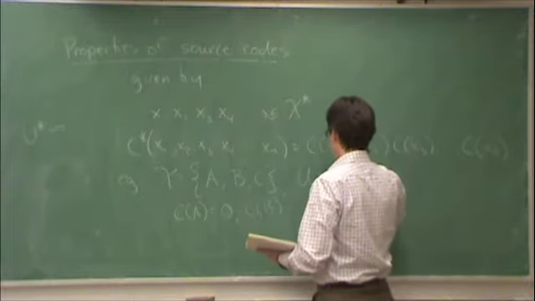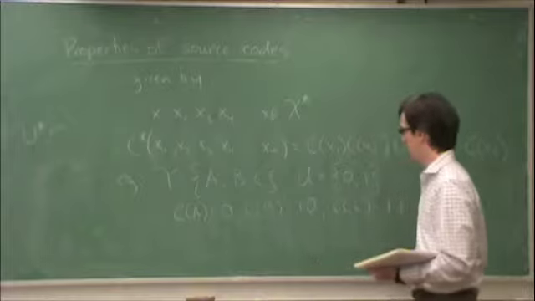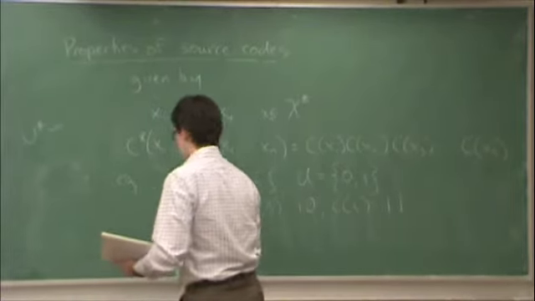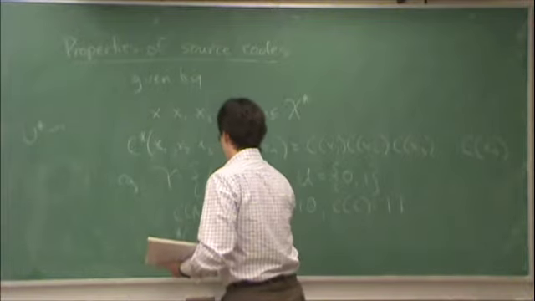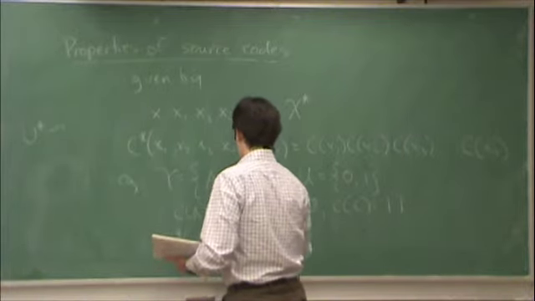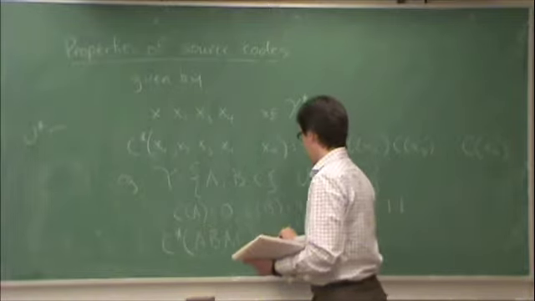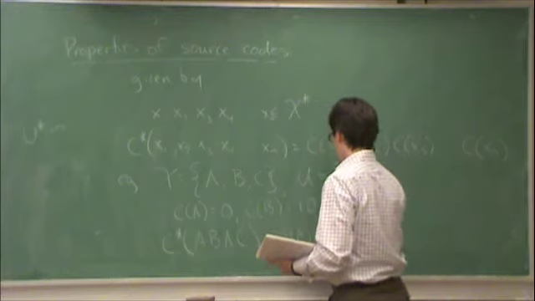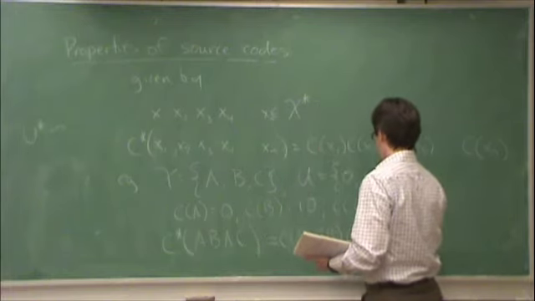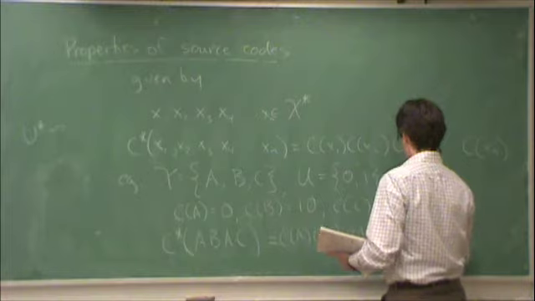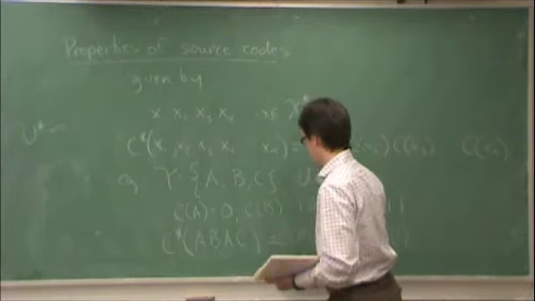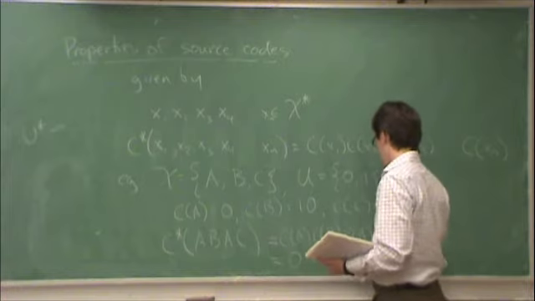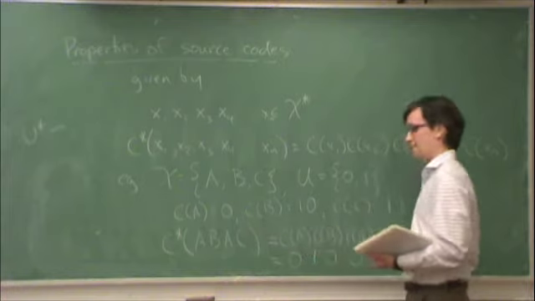Correction, let's make that 1, 0. Then if I want to encode the extended code for A, B, A, C, this would be C of A, C of B, C of A, C of C: C of A is 0, C of B is 1, 0, C of A is 0, C of C is 1, 1.